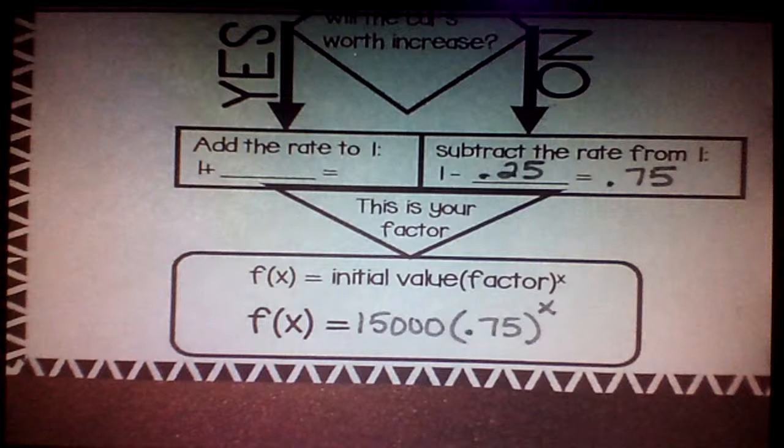Okay? So 15,000 times 0.75, and 2 years have gone past. So you would plug this into your calculator. Who's got a calculator on this? Plug this in: 15,000 times 0.75 raised to the second. $8,437. Really? That low? Yeah.